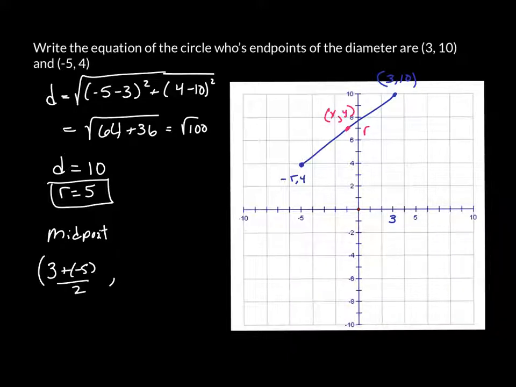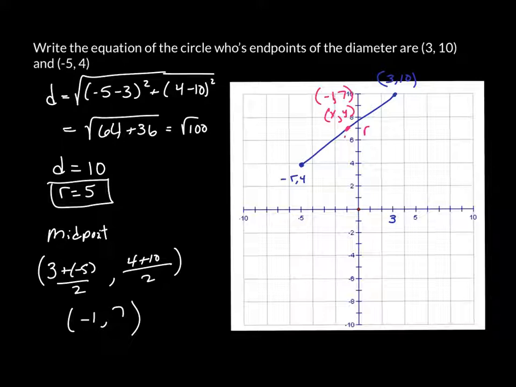And then I add my y values together, 4 plus 10 over 2. So that midpoint is the center of my circle, which is at (-1, 7). And if I look at my graph, that definitely looks like what I have here. That would be (-1, 7). So I have my center and I have my radius.